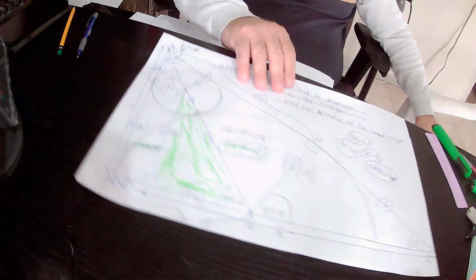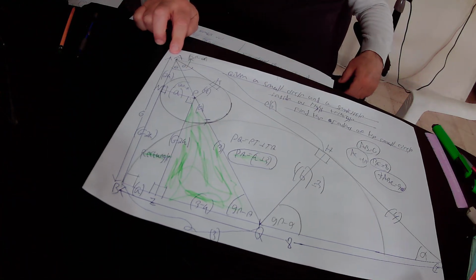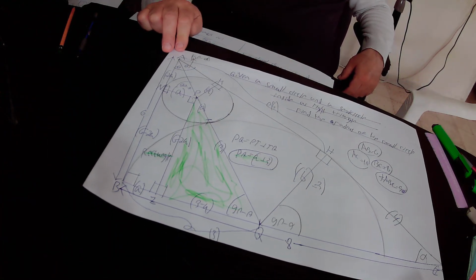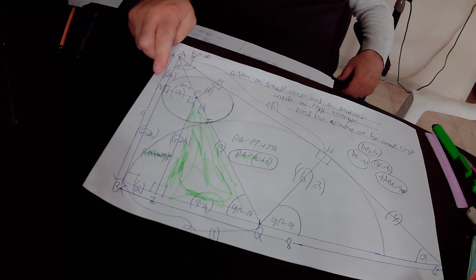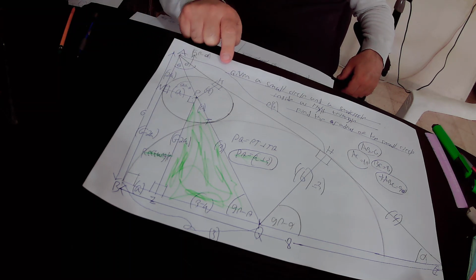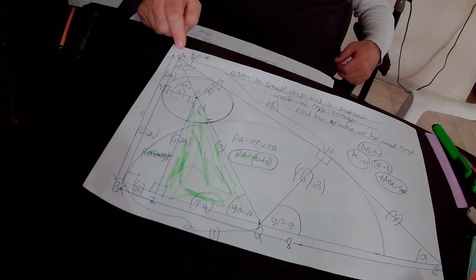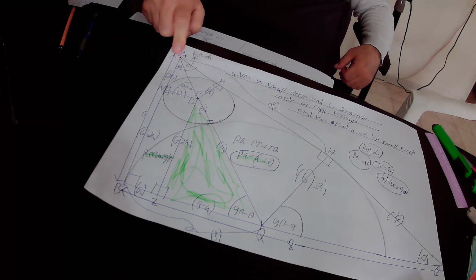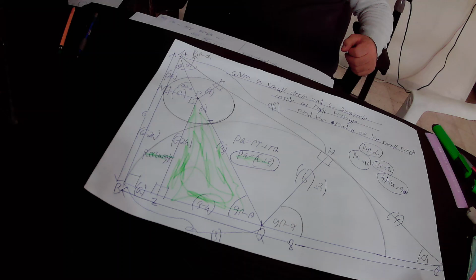Why? Because in our drawing, if you focus on this common point A, we have two tangents to this small circle, tangent AN and tangent AK. And those two tangents create angle A between them.